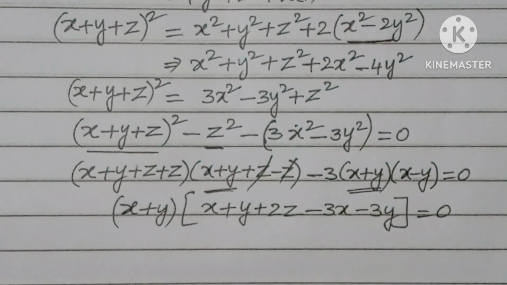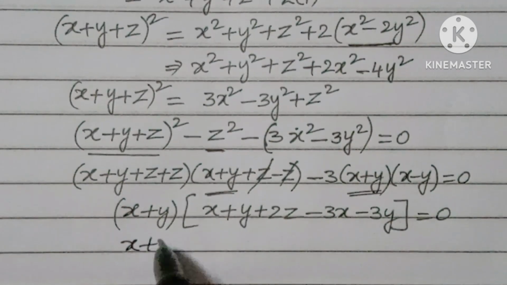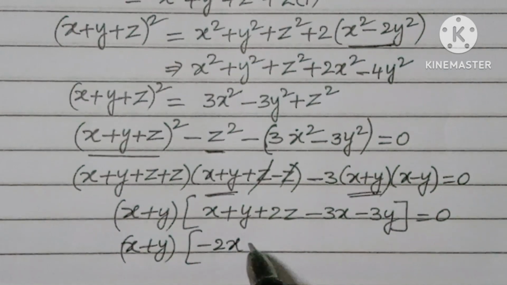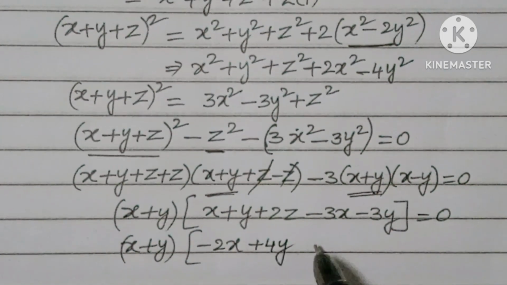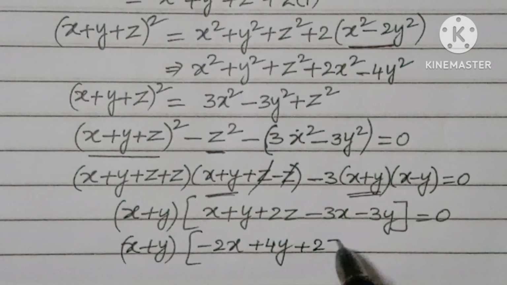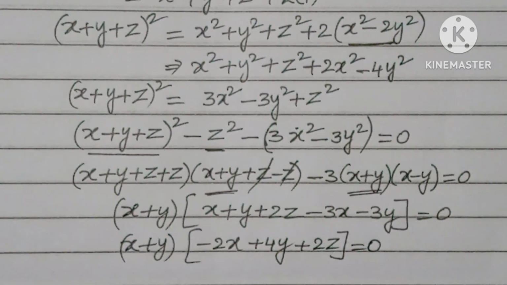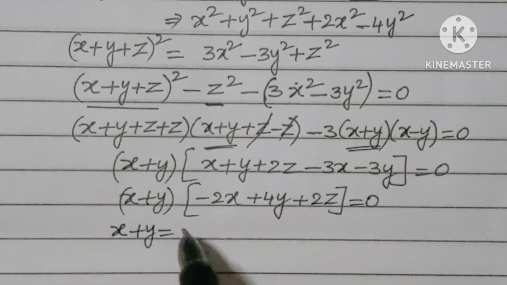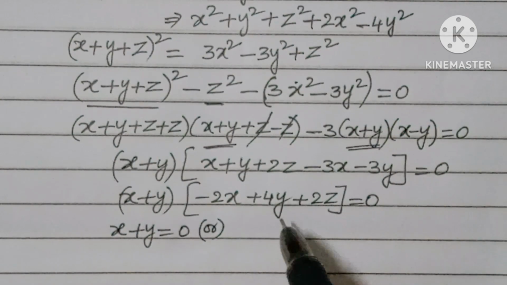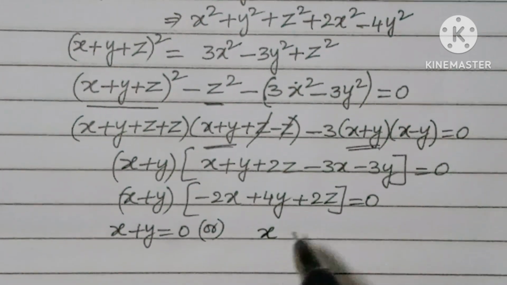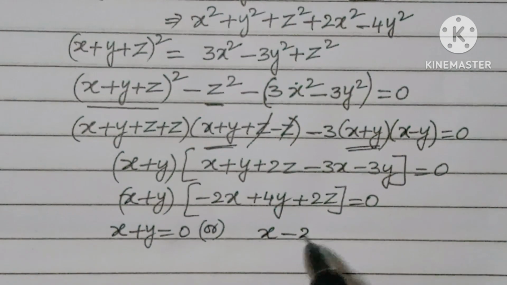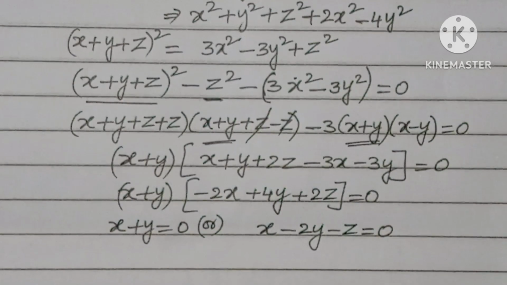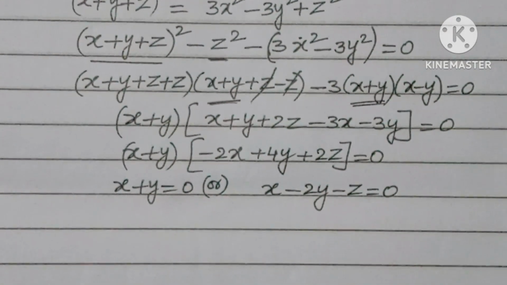If you solve this, x plus y into minus 2x plus 4y plus 2z equal to 0. From this you can write x plus y equal to 0, or taking 2 common, x minus 2y minus z equal to 0.